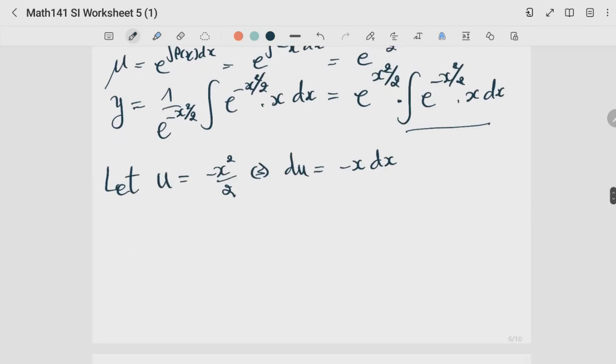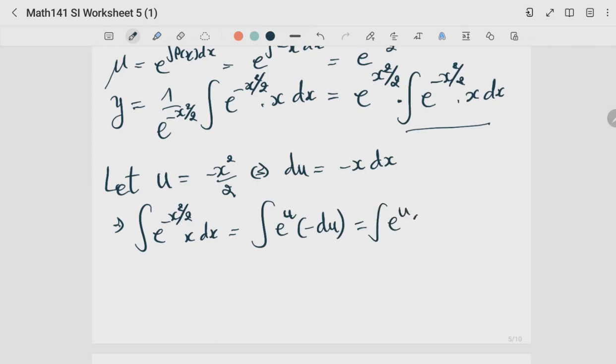And therefore, the integral of e to the negative x squared over 2 x dx is just equal to the integral of e to the u times minus du, which is equal to minus the integral of e to the u du, which is equal to minus e to the u plus our constant of integration, c.